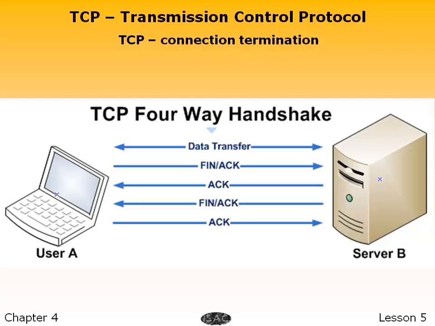When the persist timer expires, the TCP sender attempts recovery by sending a small packet so that the receiver responds by sending another acknowledgement containing the new window size.